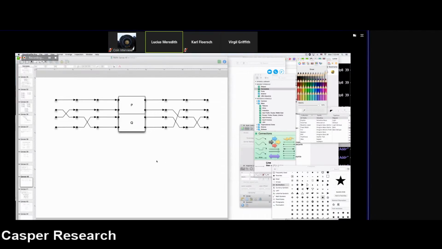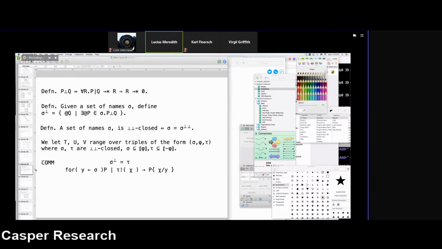What I'm describing in this diagram is a composition, and I'll try to make it clear by labeling it. But before that, I need some definitions. So let's say I have a rholang contract P and a rholang contract Q. Then we say that the two annihilate each other, which we write this way.